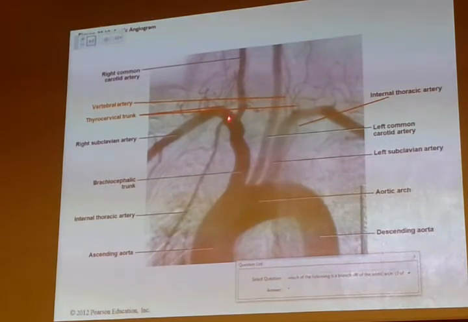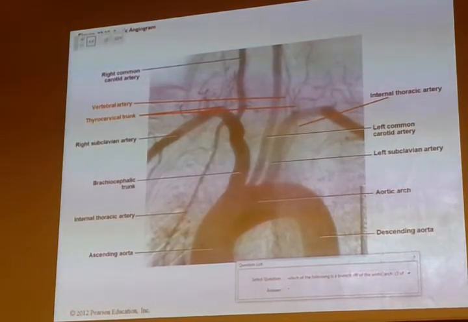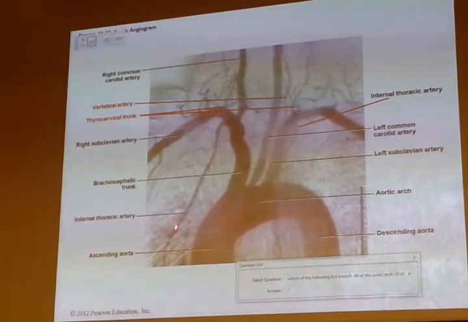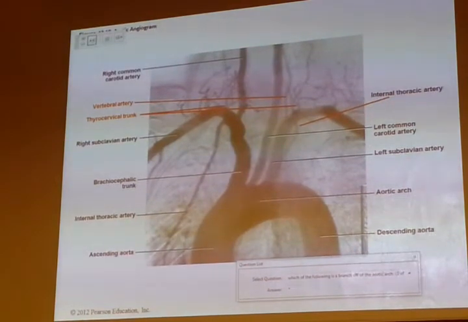What you see clearly on this, but not on the previous illustration, but on the later ones, is that after the common carotid leaves, then you have a descending vessel that's entering the thoracic region, and that's going to be your internal thoracic artery. And there will be one on the left, but that's kind of obscured.